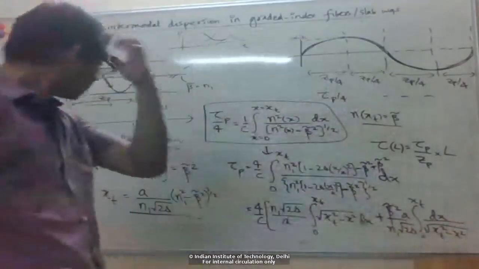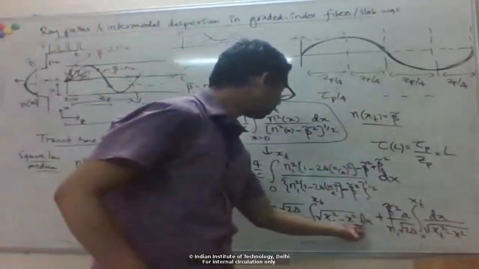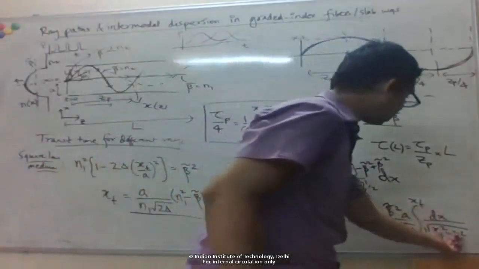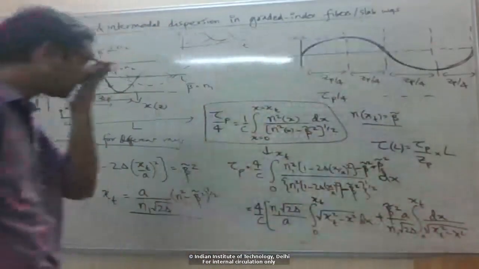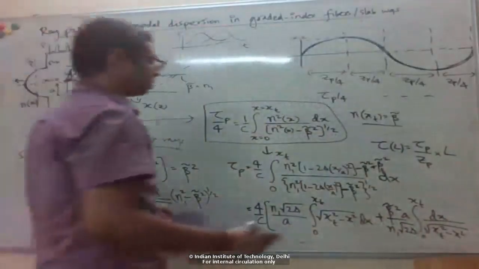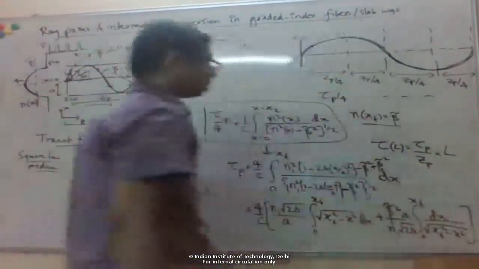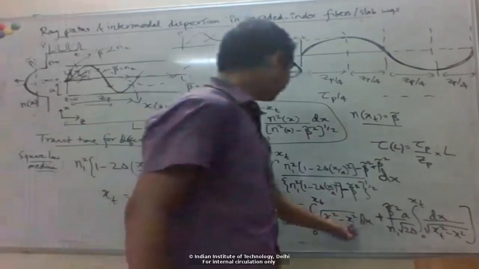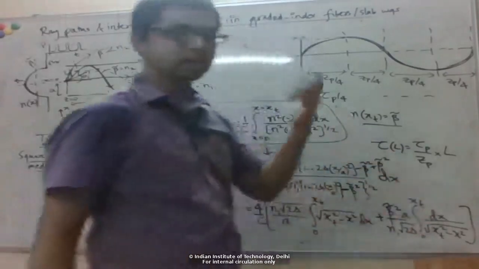Right, so these are standard integrals now: square root of some constant minus x square, and dx divided by square root of some constant minus x square.